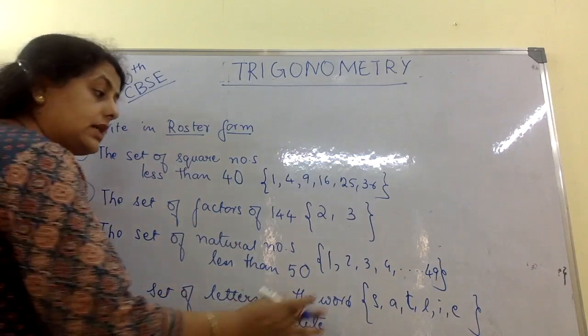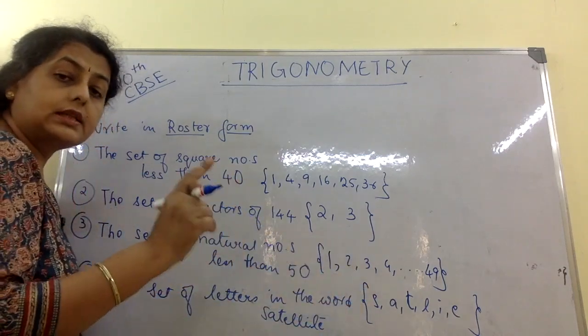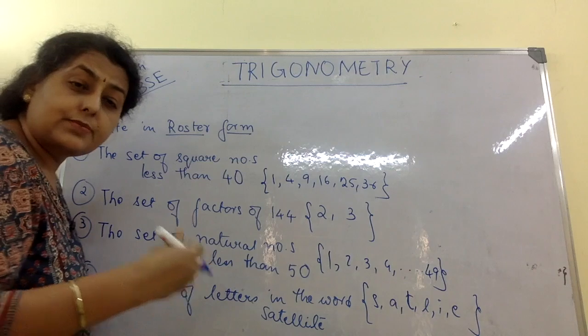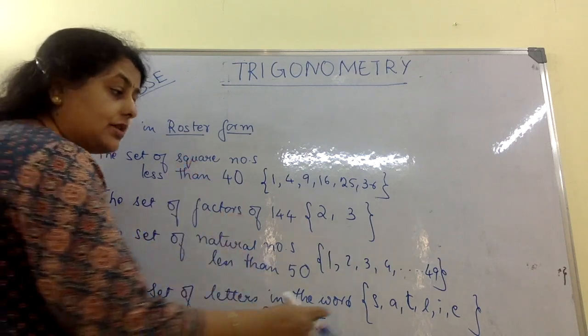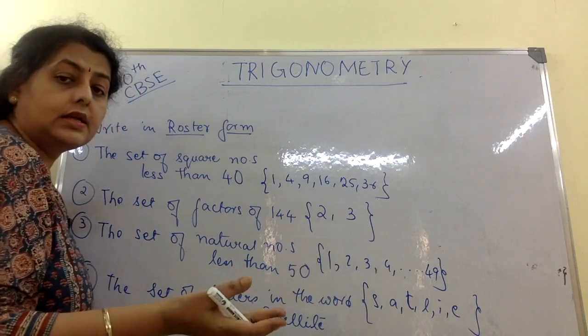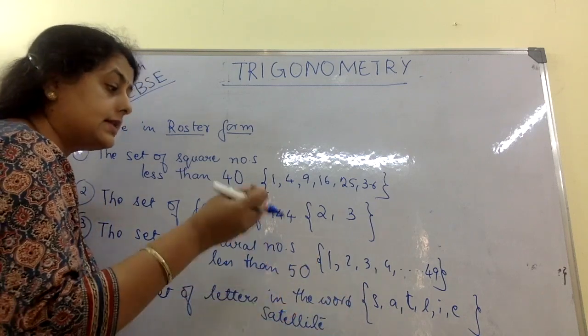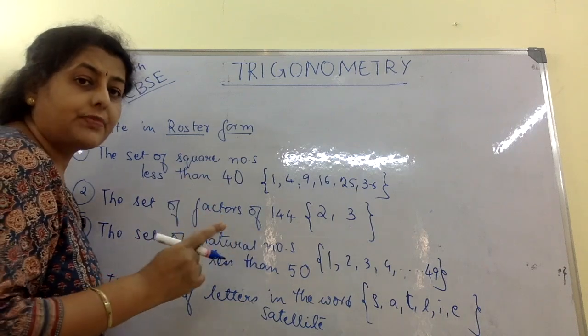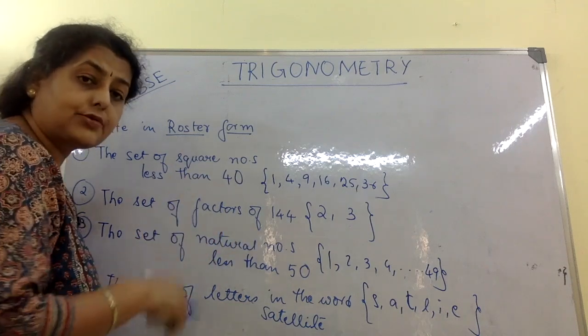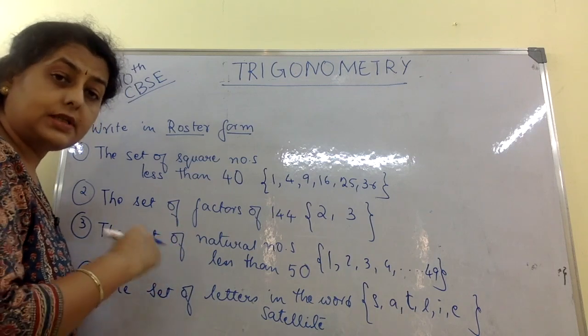Now you see that I have written only 5, because I am not supposed to repeat the letters in a set. So these are the letters of the word satellite in roster form in a set. Let us start with the next question now.